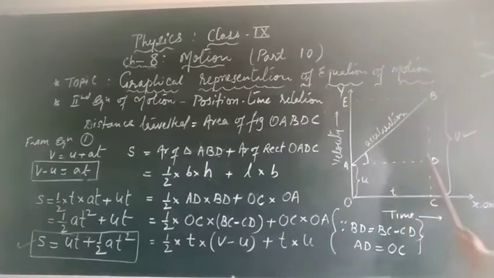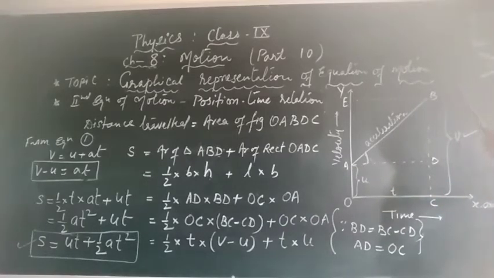Now this OA and CD are both parallel, so this also represents u. The body starts moving at a uniform rate, or uniform acceleration, that is a slope obtained, that is a, with respect to time. The velocity of the body is increasing with respect to time. That is the slope, the acceleration, given.